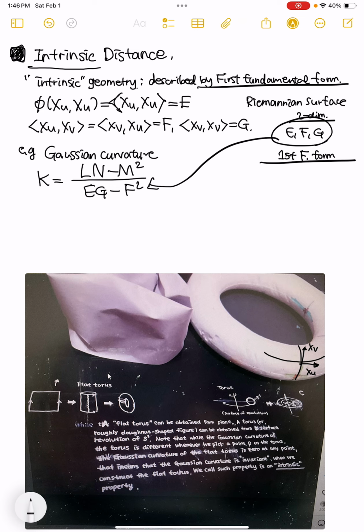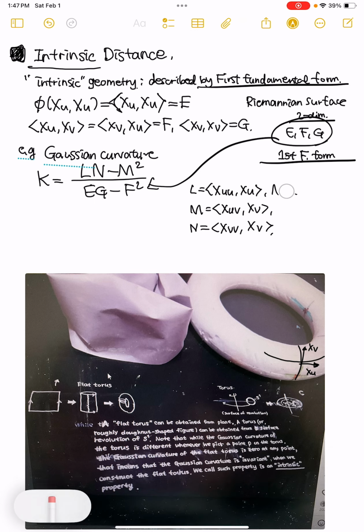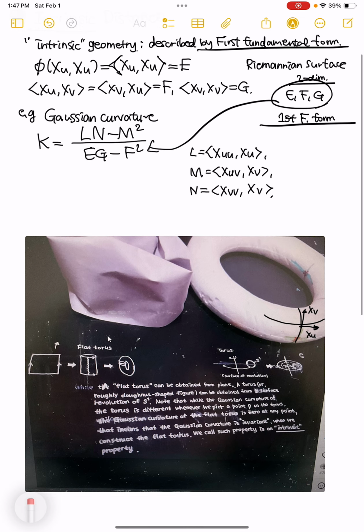So Gaussian curvature is a property of the intrinsic geometry, and where L, M, N are defined like this.